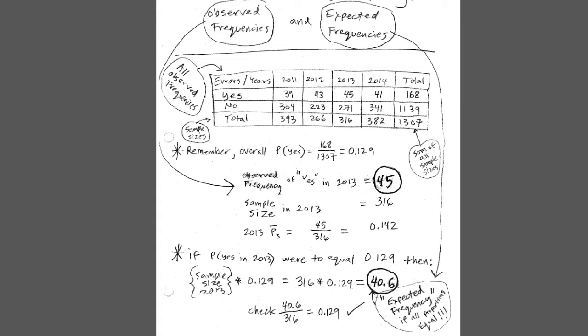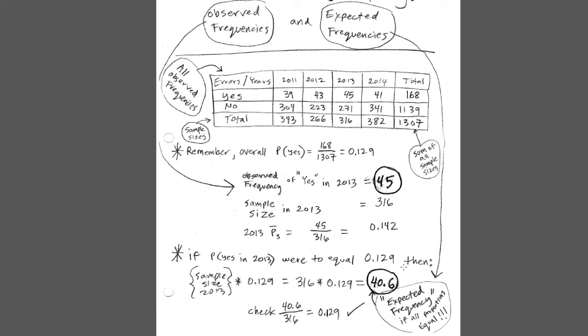And we can check this: 40.6 divided by the 316 equals exactly 12.9. Now, that's just kind of common sense, right? We got the proportion comparing the 168 to the 1307 for overall yes, multiplied by this, and got a number, not 45, but 40.6. That is the essence of what we'll be doing for our calculations of chi-squared.